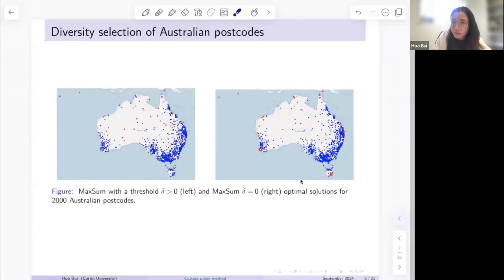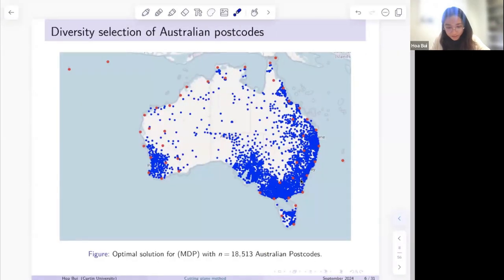But if you don't restrict the selection to disallow points nearby, the solution will tend to max out the corners, and then you will have equipment that stays close to each other. So here, this is what the optimal solution looks like for the problem that we saw before. So the question is, okay, we have the model, but how do we solve this problem?